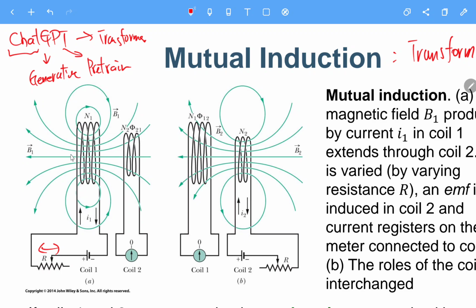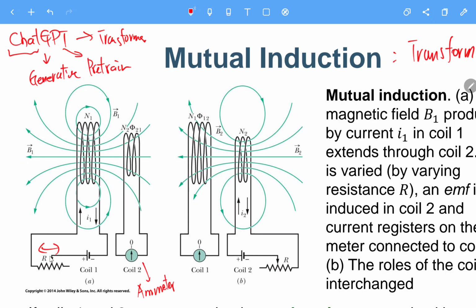So the idea is like this. For the primary coil, we connect the coil to the battery, and with a tunable resistor we change the current. For the second coil, we just connect an ammeter, which just measures the current going through this coil. It doesn't provide any EMF.